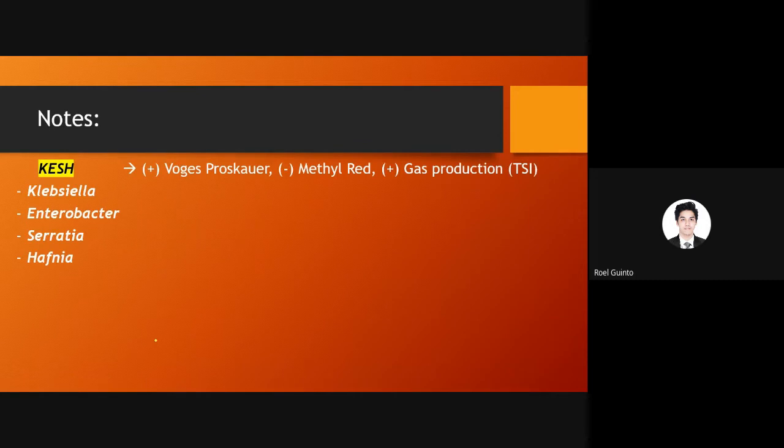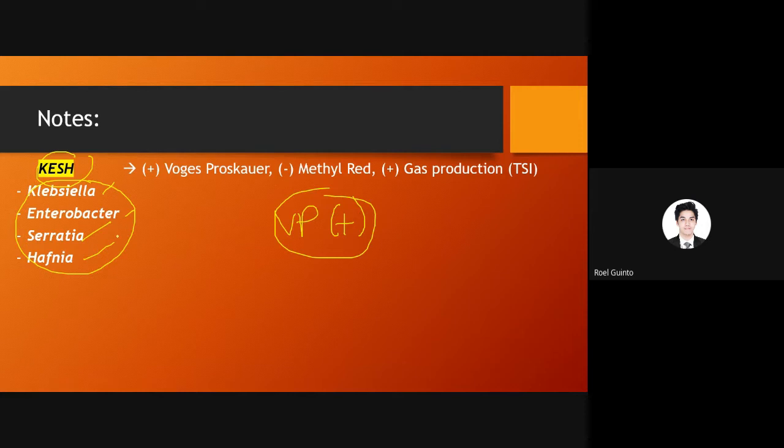Next. So tatandaan natin guys, yung mga microorganism that is positive in Voges-Proskauer or VP. Tandaan natin yung mnemonic na CHES. So we have Klebsiella, Enterobacter, Serratia, and Hafnia. Kapag nakita sa board exam or exam natin na positive sa VP, isipin nyo lang tong apat na microorganism na to.